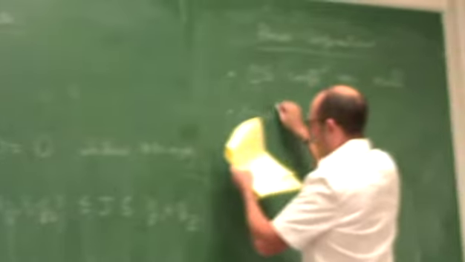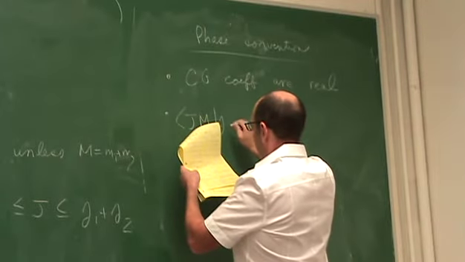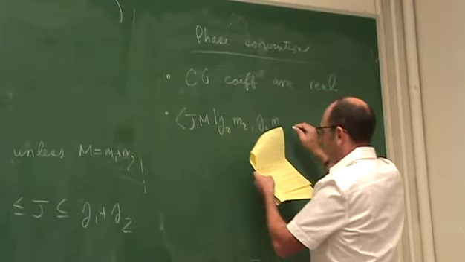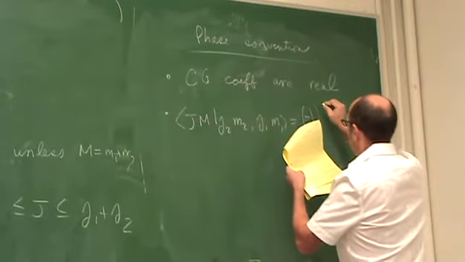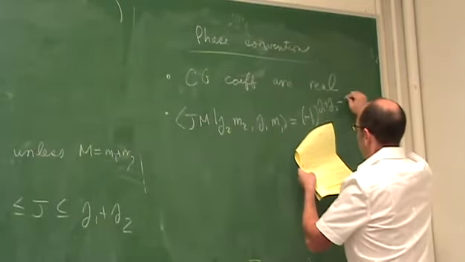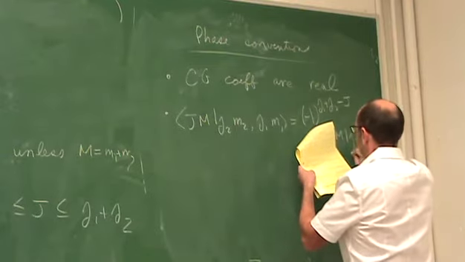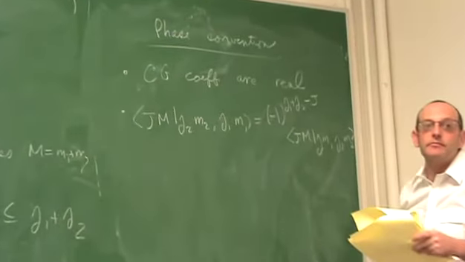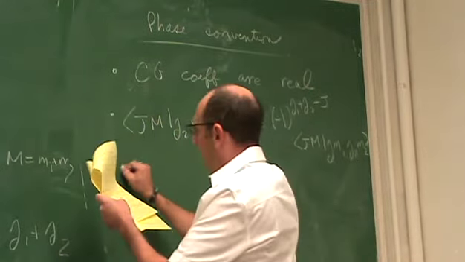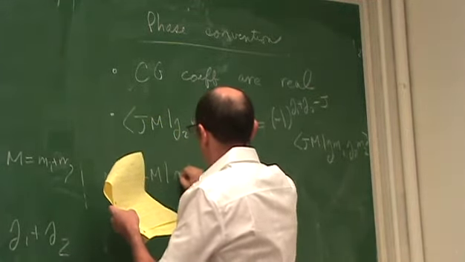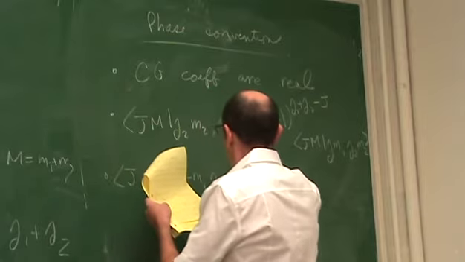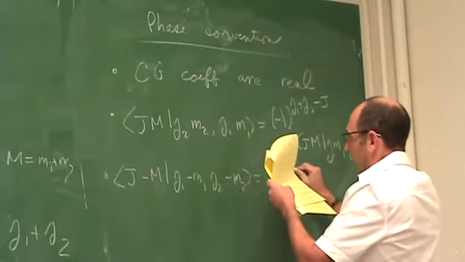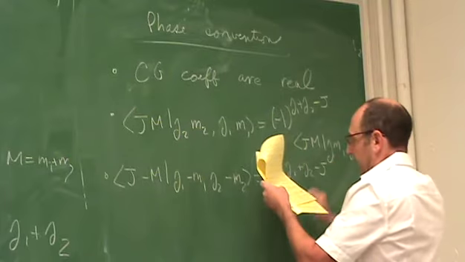We have a set of conventions here: if I switch the order of which I call 1 and which I call 2, there's a minus sign, which is minus 1 to the J1 plus J2 minus J. We have the rule that if I switch M to minus M, M1 to minus M1, and M2 to minus M2, this is equal to this with the same sign convention.